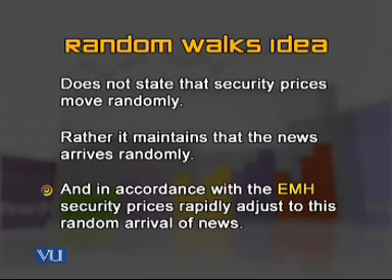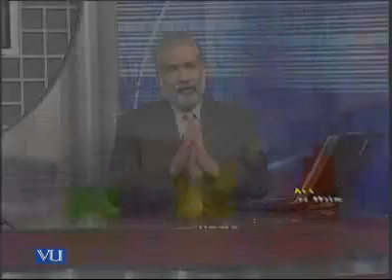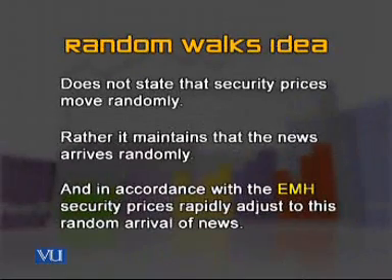And in accordance with the efficient market hypothesis, security prices rapidly adjust to the random arrival of news. So, in the random walk theory, it is not the price that moves randomly. It is the flow of information that is random. That is what the idea of random walk is.